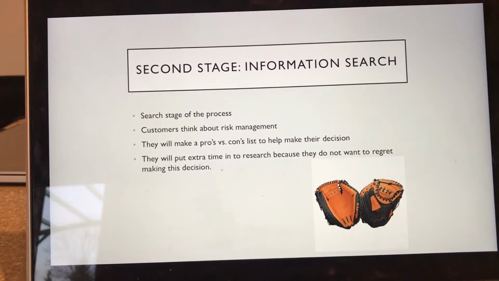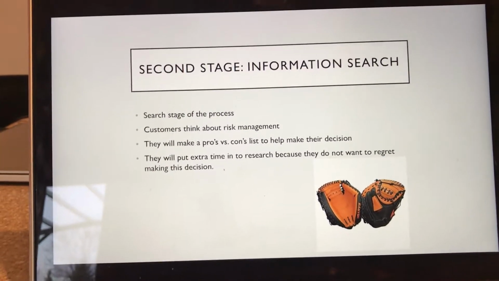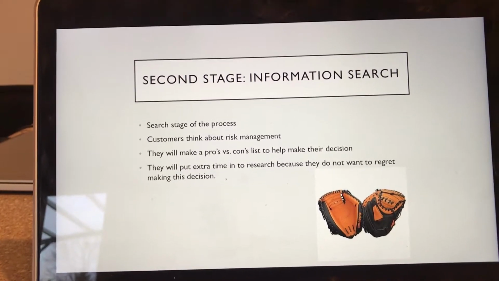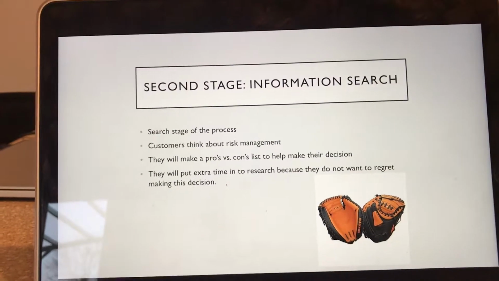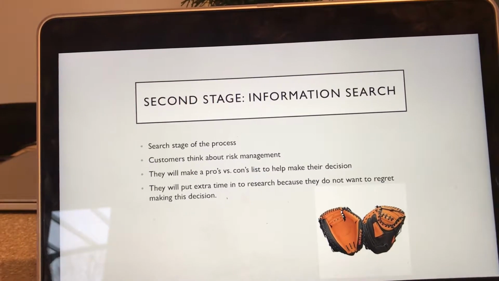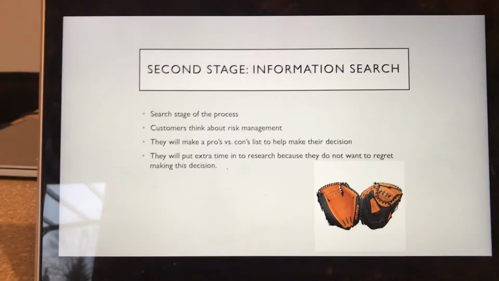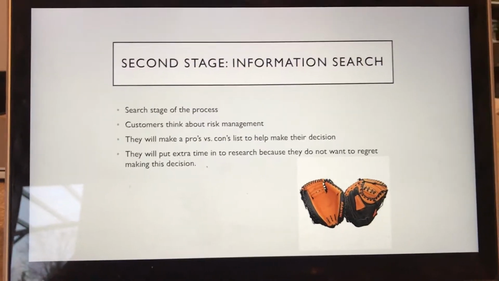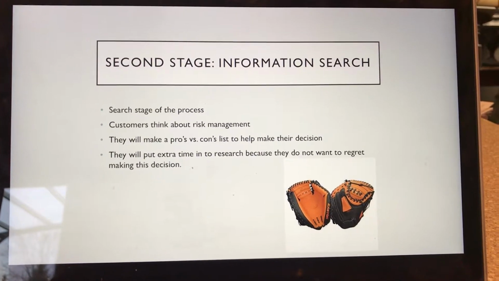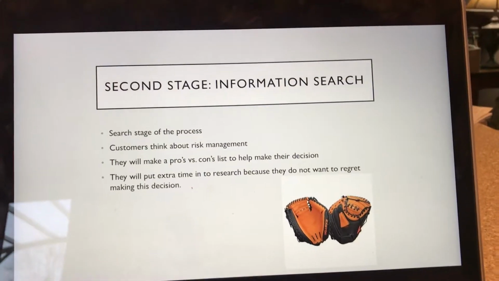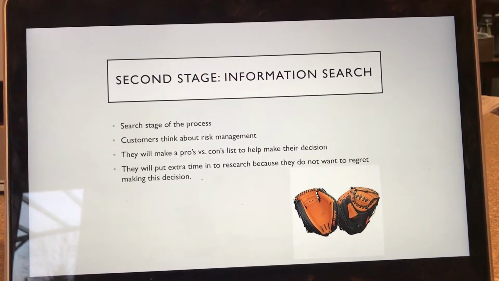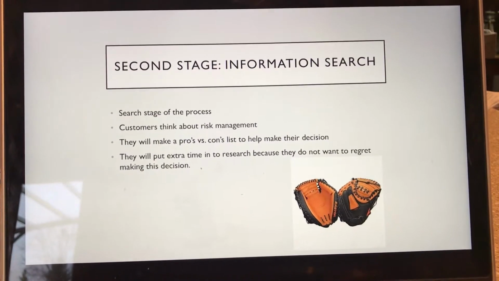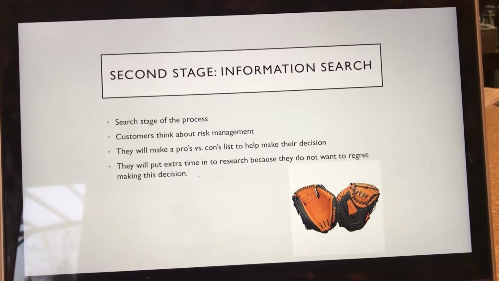And this is where you're going to spend a lot of time, because you are going to do the most research. You don't want to regret this decision. So they take the extra time. I know when I bought my GoPro, I spent a lot of time in this stage because I wanted to be sure that I really wanted this, because GoPros are pretty expensive, and I wanted to make sure that I needed one, and I wanted to make sure I was getting the right one.